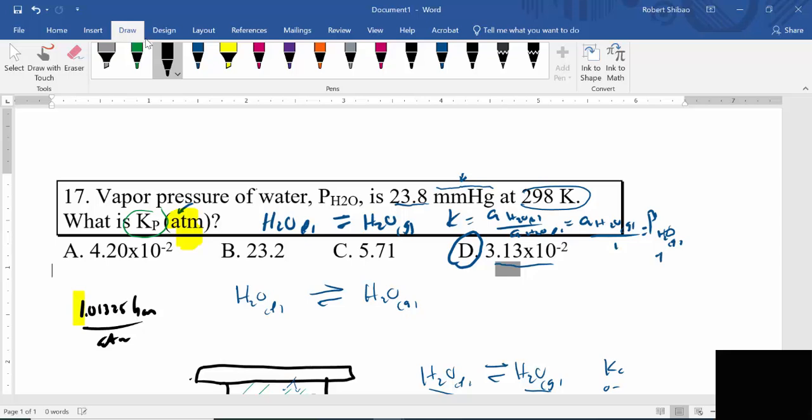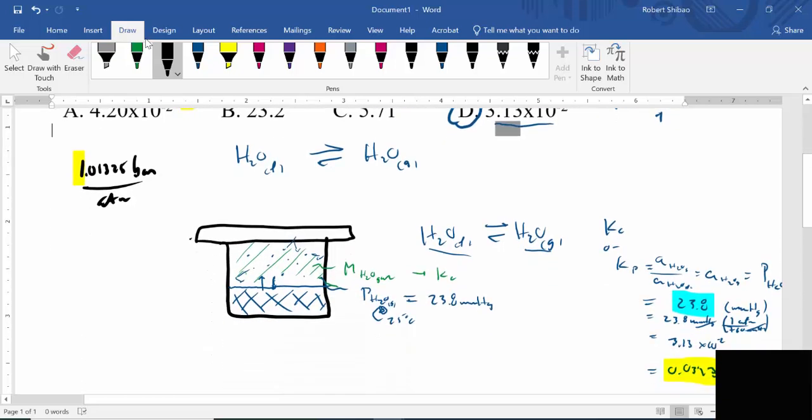And torr and millimeters of mercury are the same. So if I wanted this in bar, I'd do a two-step calculation. I go from millimeters of mercury to atmospheres and then atmospheres to bar because I don't have the millimeters of mercury to bar conversion memorized. And I don't need to have it memorized because I can figure out another route so that I can minimize the amount of memorization I have to do.